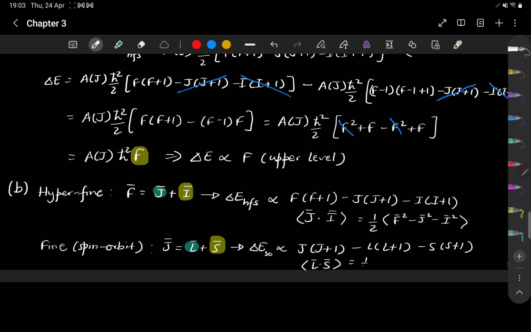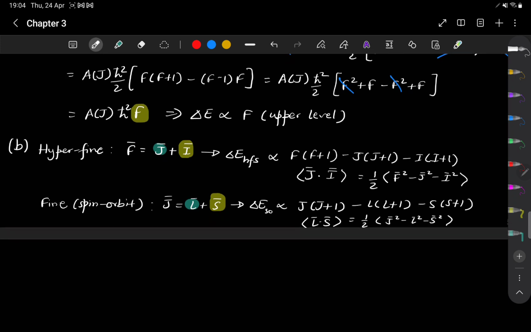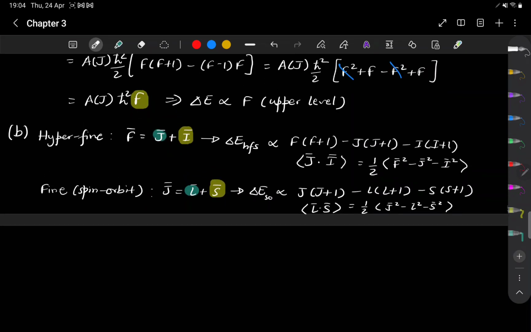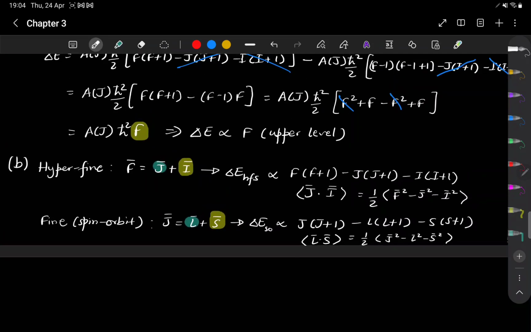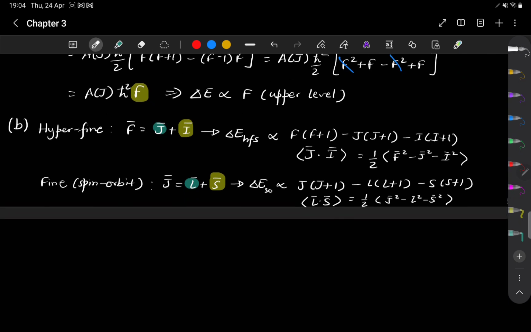This, if you write as one, can be written as follows. And that's how you get this value for the energy. And so you can see clearly this is completely analogous. The hyperfine and fine energies are completely analogous, but let us, for the sake of brevity, repeat the process.